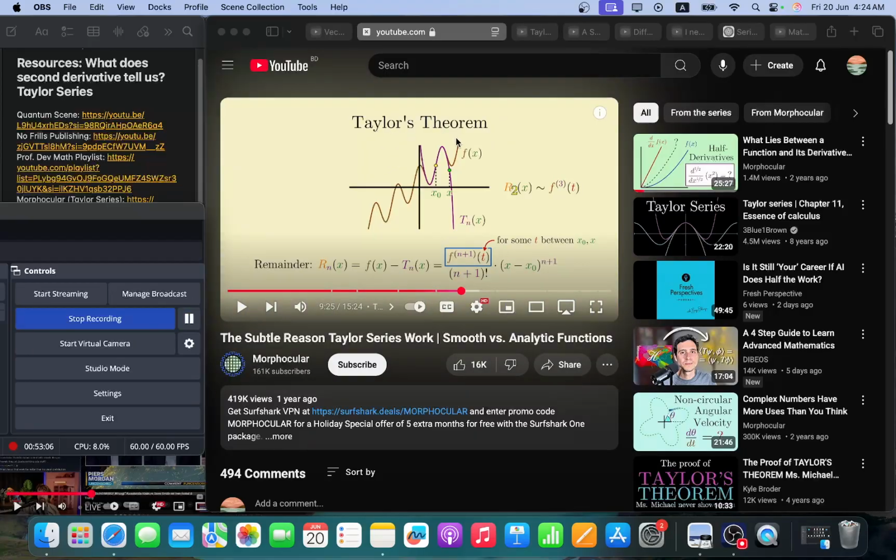So it talks about Taylor's theorem and something about remainders, something about expansion paths and local information, etc., which I do not understand in the least.